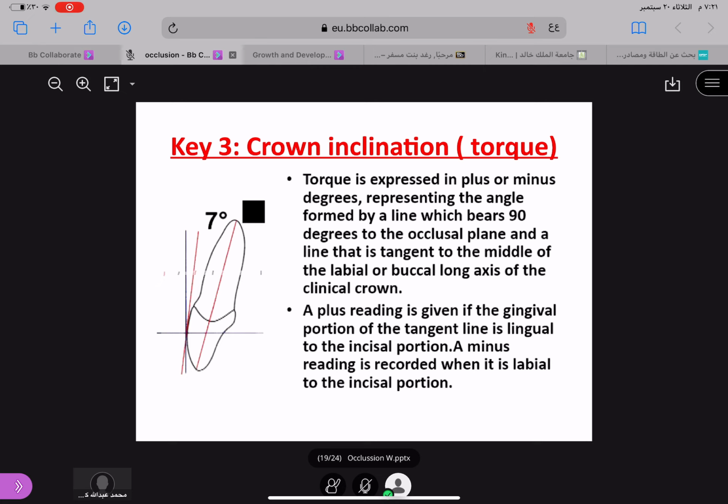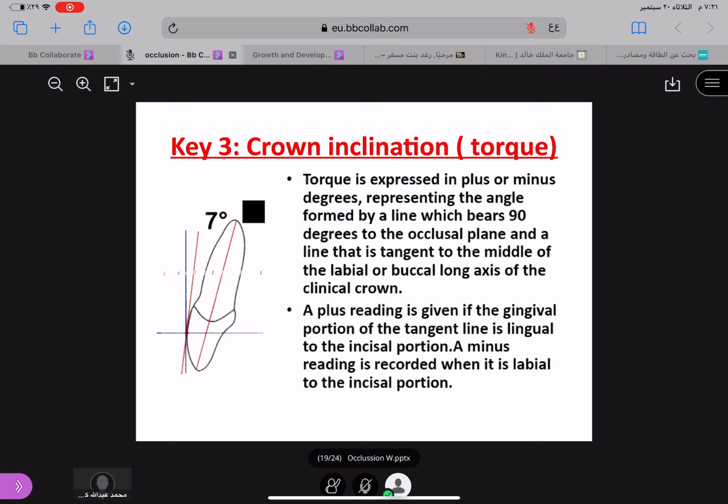If you see from the side, from the mesial aspect of the occlusion, you will find the incisors tilted labially, meaning the incisal portion of the crown is labial to the gingival portion. That is a normal occlusion, a key to normal occlusion. So the first one was molar relationship, that is class 1 molar. The second one was crown angulation, that is mesiodistal.